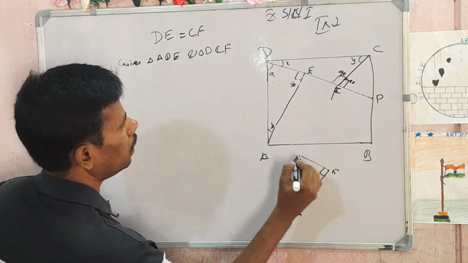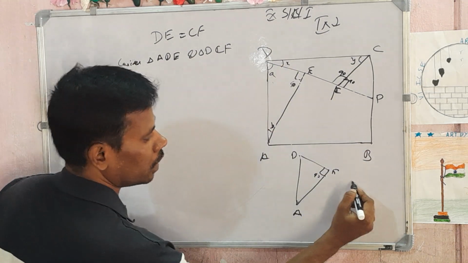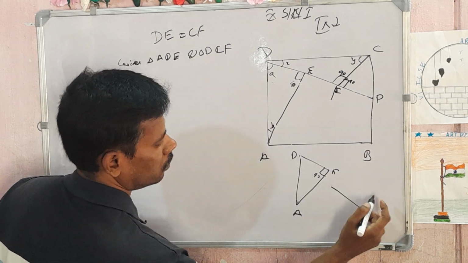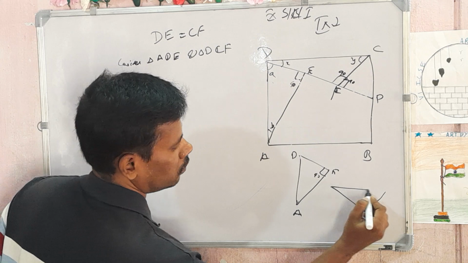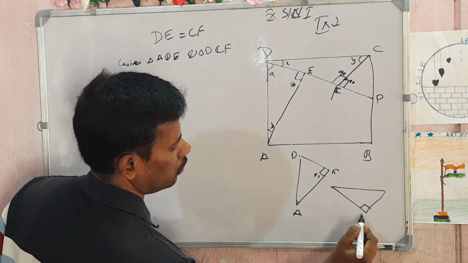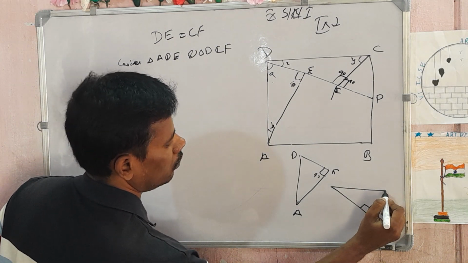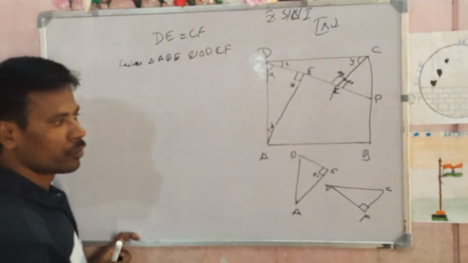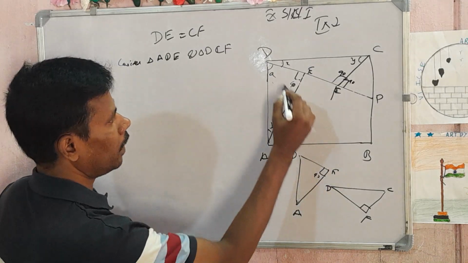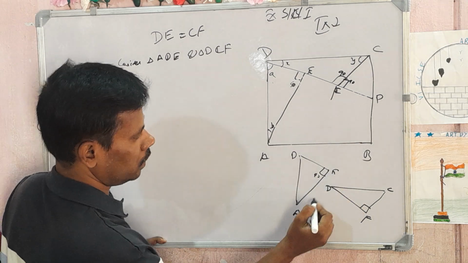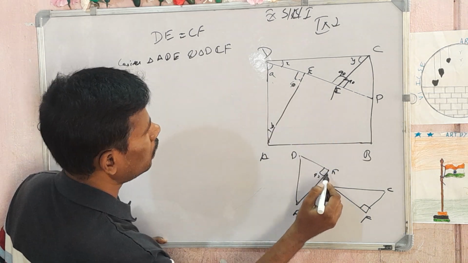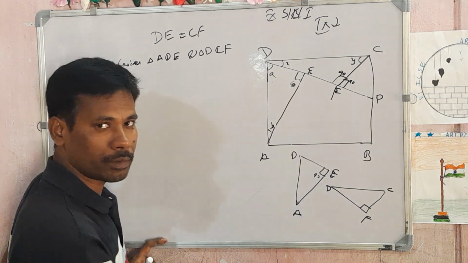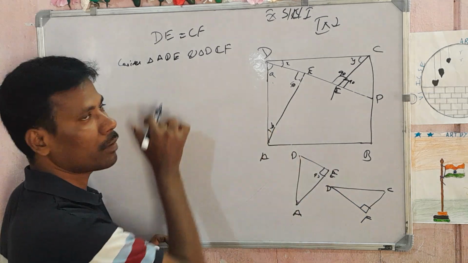A, E, D, and this one, another one. This is F, C, D. So here and A, D, E. This is the sub diagram. If you understand this, the problem becomes very easy.